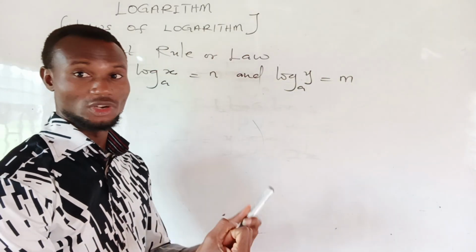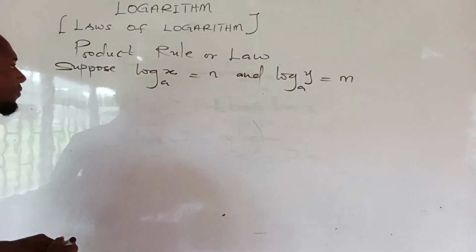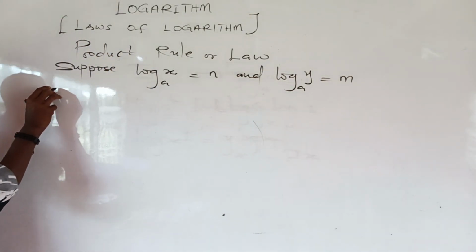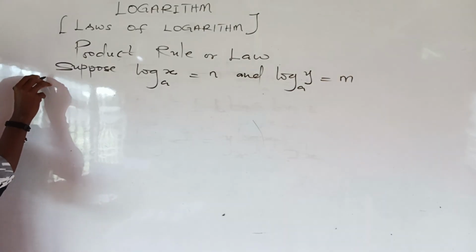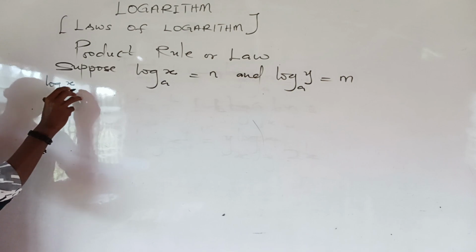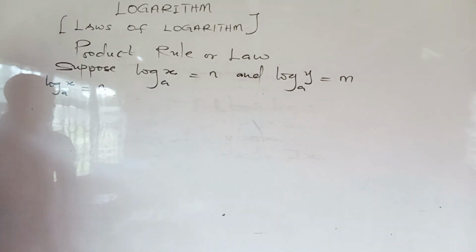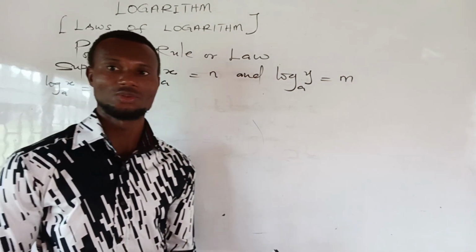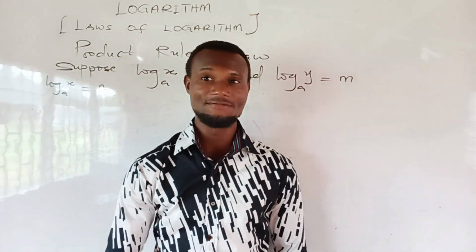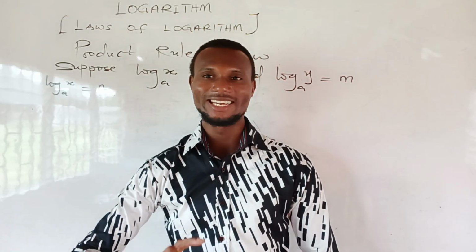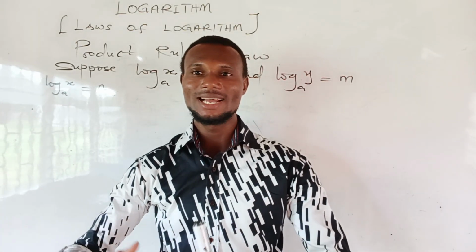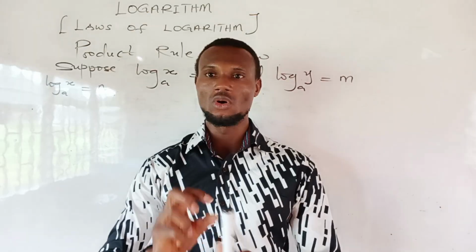Product means multiplication. Now let me take the first equation. I have that the log of s to the base a equals n, and I've taught you in the previous videos how to write a given log equation in exponent form, meaning that you write it in a way that it does not contain any more log.